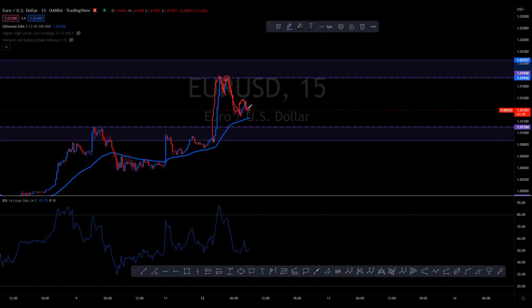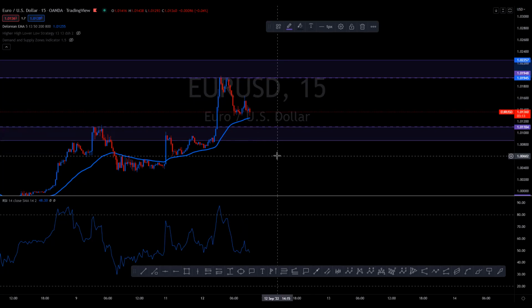But we're seeing the same thing here. We're seeing a lot of small bodies of the bull candles. So what that means to me is that it's a possibility that price might probably come down and respect this demand zone and then go up.